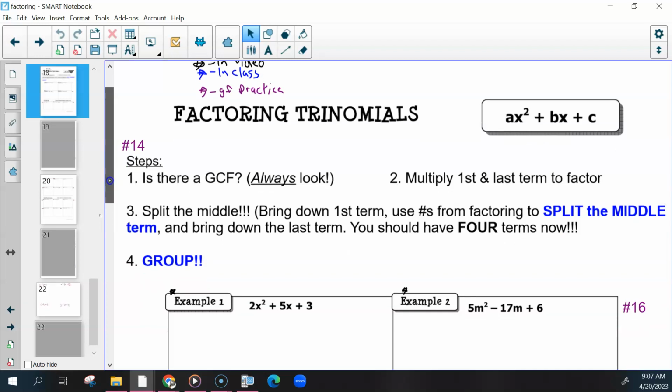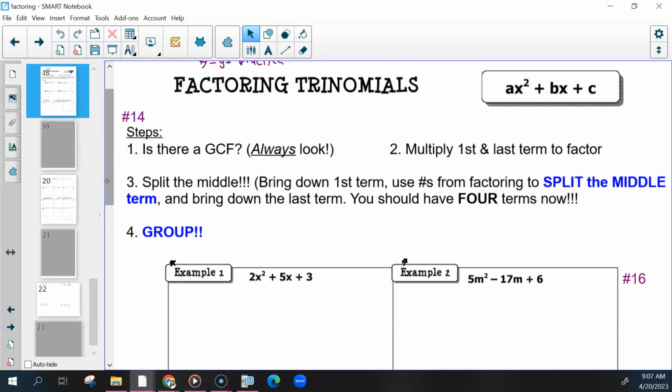Everyone should have these notes in front of them. Today we're talking about the last way to factor. So as a reminder, we talked about GCF, where you take out what they have in common, difference of squares, where there are two perfect squares in a binomial, and you factor it out using those.